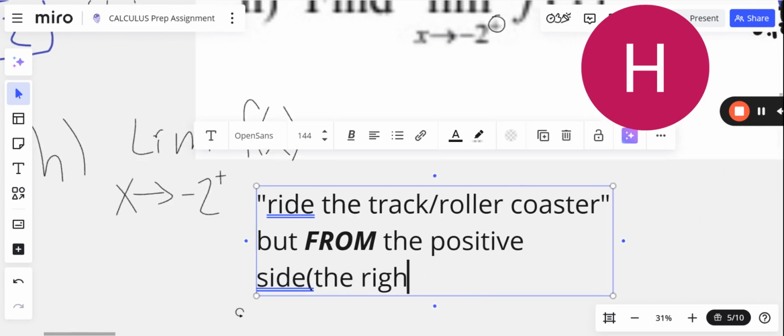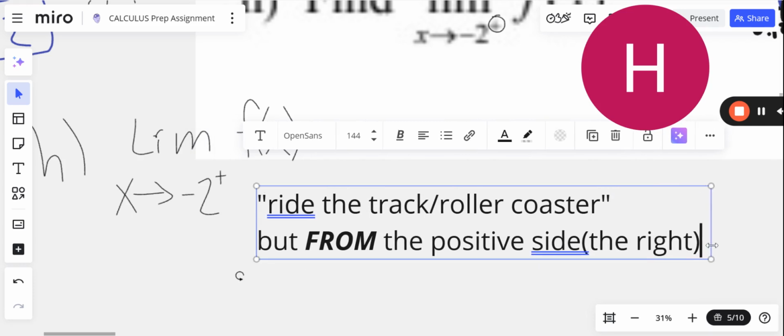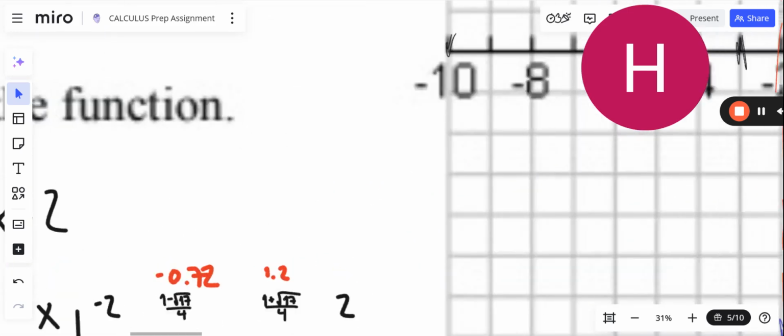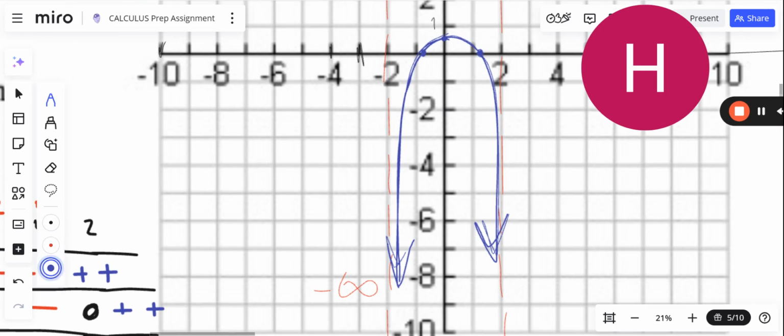I guess I'll just say the right. Let's extend that a little bit. There we go. So we're looking for the track on the right side, not on the left side. That means we're looking for this part that goes downwards right here.